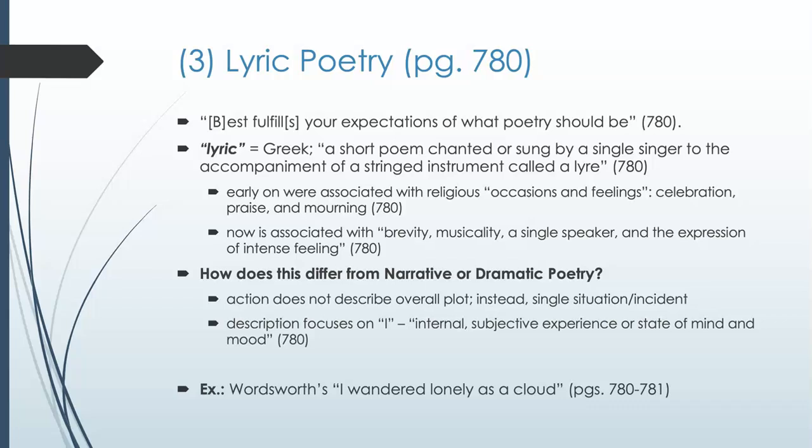Now it's more so shorter poetry, again, expression of intense feeling. So how does the lyric poem differ from narrative or dramatic? There is some type of plot, but it's very much focused on a single situation or an incident. So you're not getting an entire story being described, you're getting one moment.